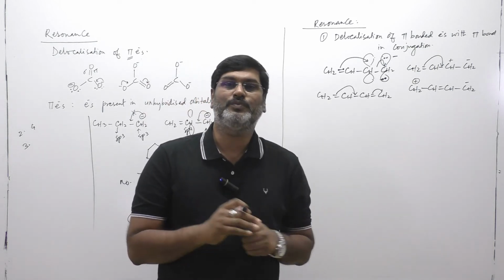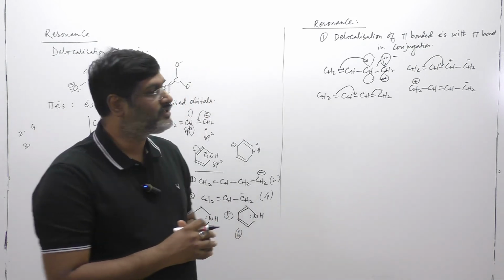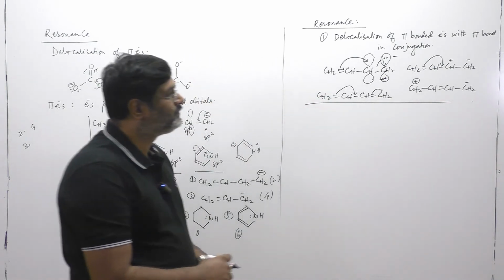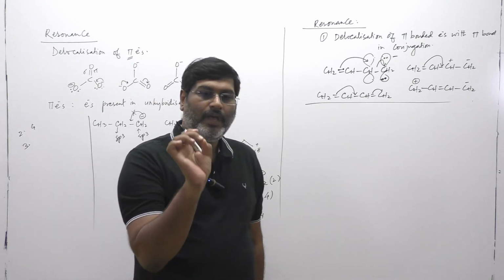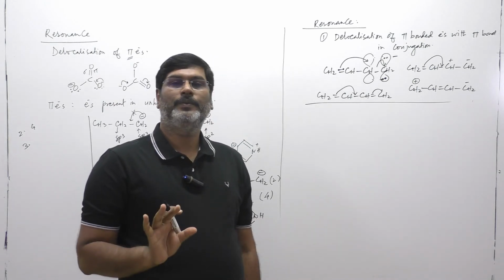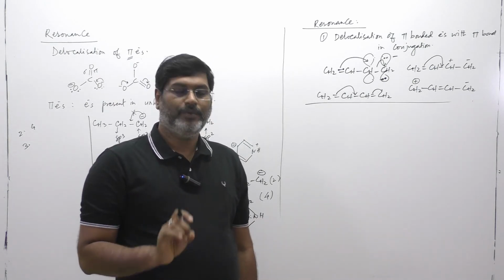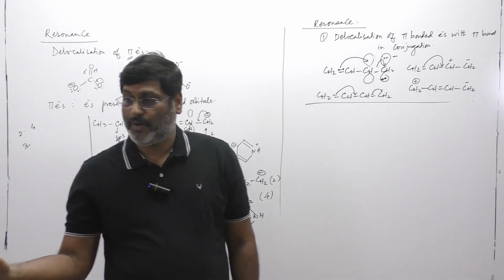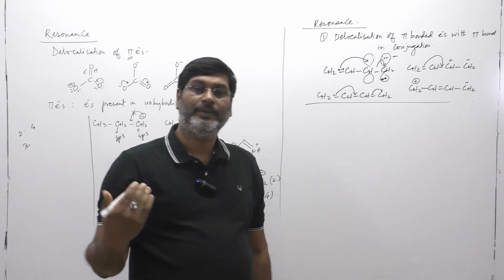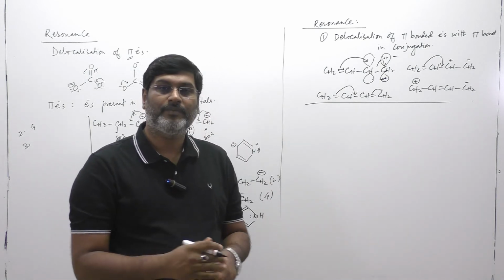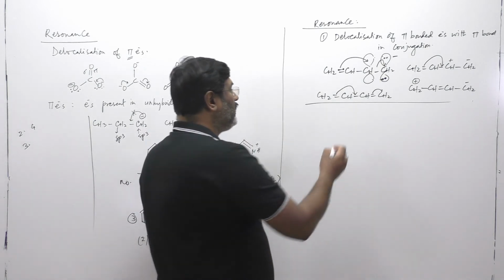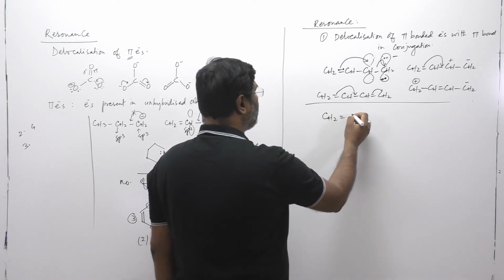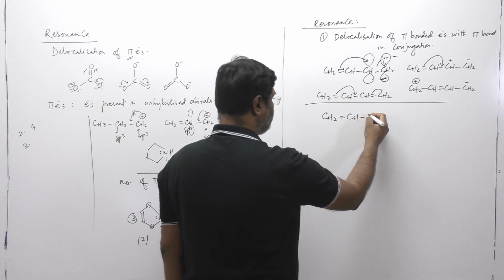Here delocalization is possible because pi bonds are there in conjugation. This is the way you break one pi bond. You write negative there, positive there, and then the other bonds follow. Here, same thing, you can write CH2 double bond CH.